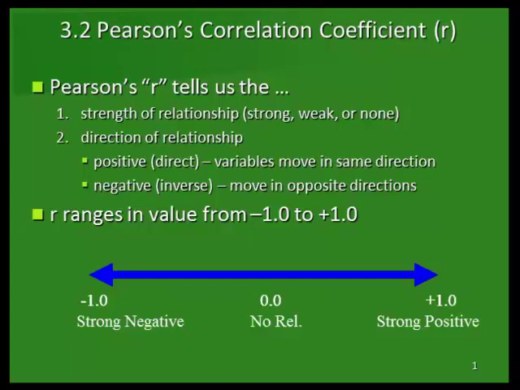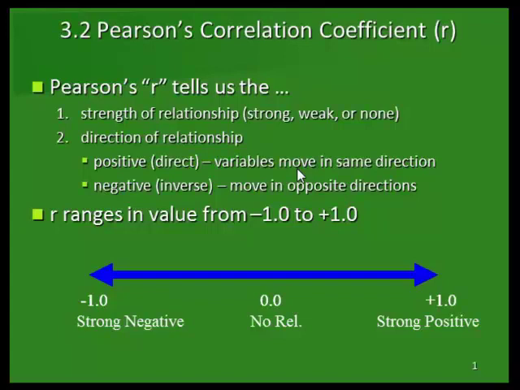Okay, so Pearson R tells us two things. It tells us the strength of the relationship, whether it's strong, weak, or non-existent, and it also tells us the direction of the relationship, whether it's positive, another word for that is direct, so the variables move in the same direction, or negative, inverse, they move in opposite directions. So a positive relationship, remember, it's something like your thumbs move in the same direction.